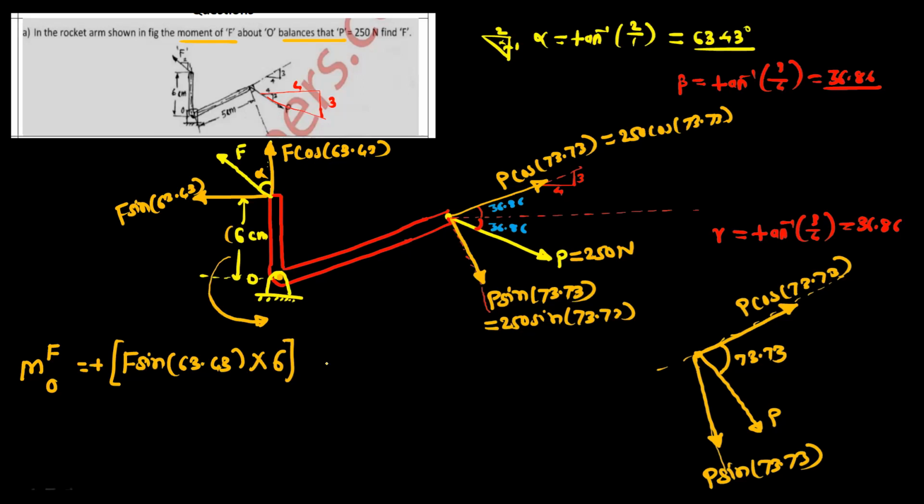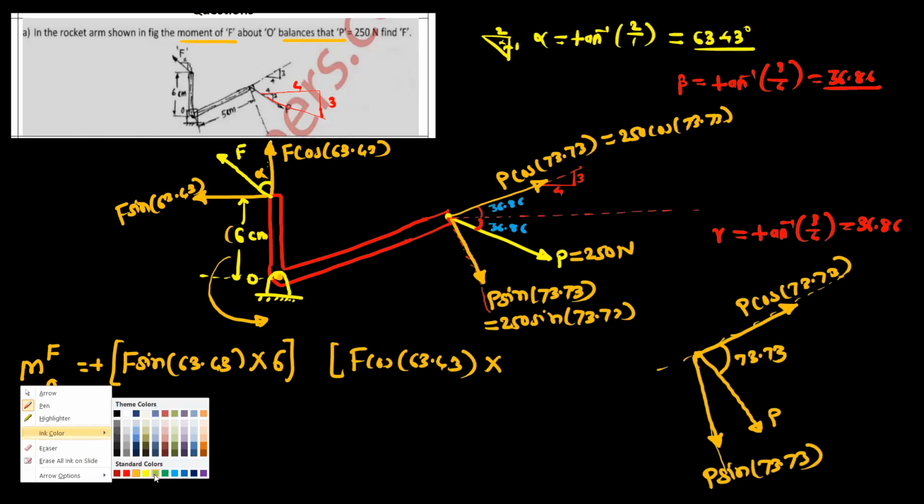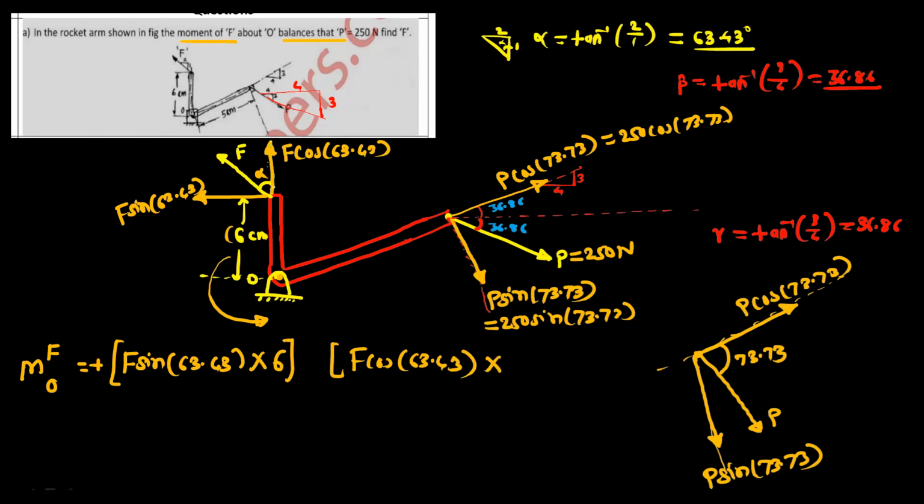Next is F cos 63.43. This is the force, but what is the perpendicular distance for this component? The distance is 0, because its line of action passes through the moment point. When any force is passing through the moment point, the perpendicular distance is 0. Consider this case: this is the O point and this is the force.